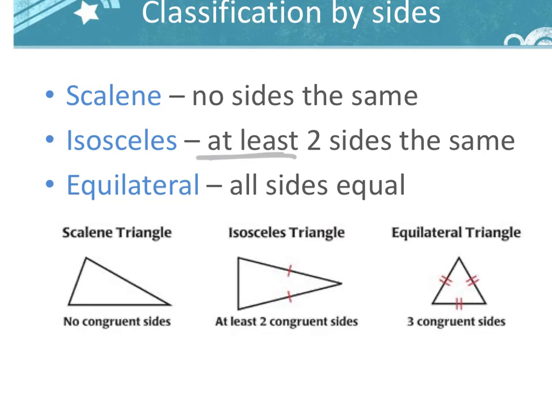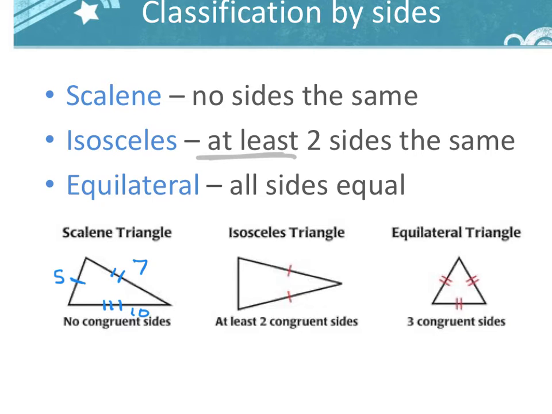So more than likely they would put some congruency marks here and show that they all have different congruency marks, meaning that they're all different. Or they may even have numbers. So you could have like a 5, a 7, and a 10. And that could be how you would classify it by looking at the numbers in the picture.